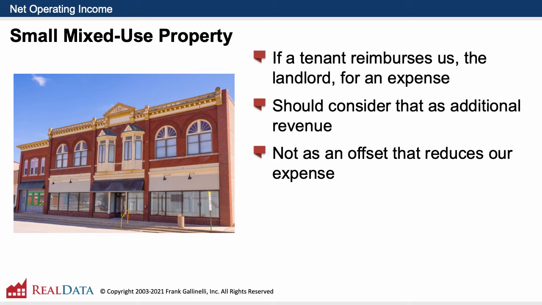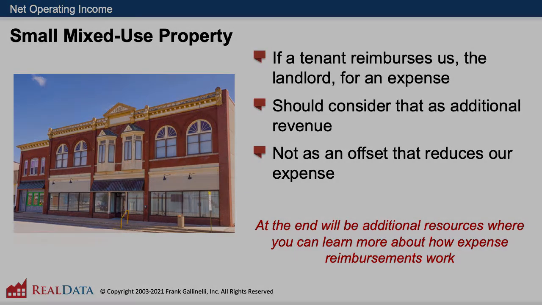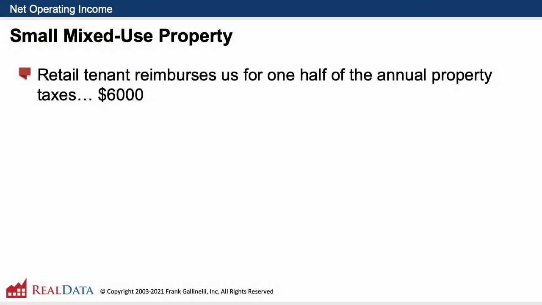I don't want to get us off track here, so at the end I'm going to refer you to some additional resources where you can learn more about how expense reimbursements work. But now for simplicity, we'll say that the retail tenant reimburses us for 1/2 of the annual property taxes. So the reimbursement, we'll say, is $6,000.